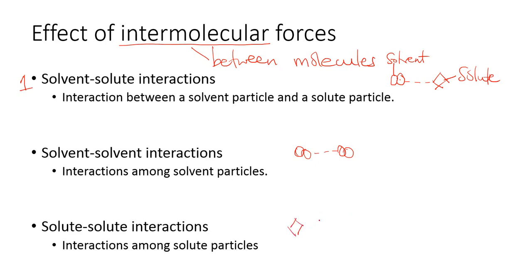So the solutes will interact amongst themselves. So really it's a complicated process because there are so many interactions going on, and these are three important interactions that you have for a solution to form.